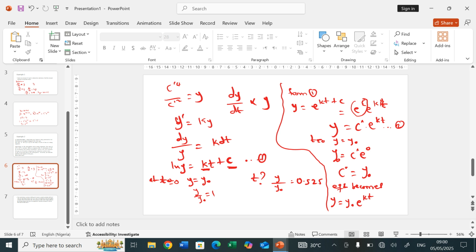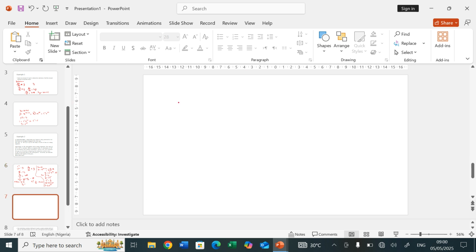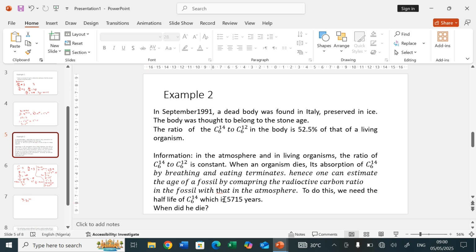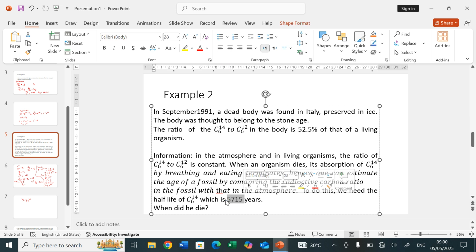We have been able to resolve for Y, but we need to find K as well. So remember this condition: the half-life of carbon 14 is 5715 years. That means after 5,715 years, the amount in the body has reduced by half.